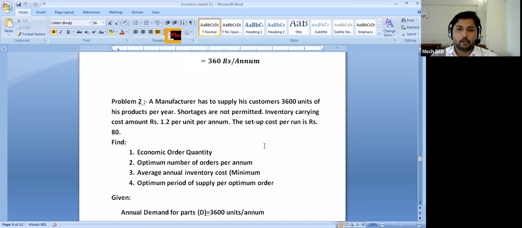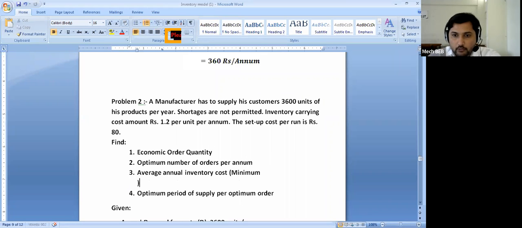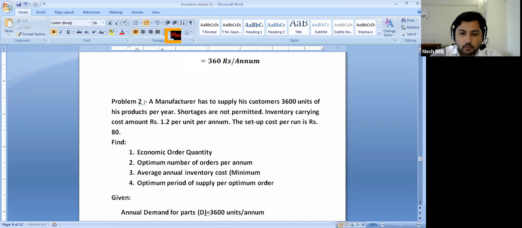First, find out the economic order quantity. Second, the optimum number of orders per annum. Third, the average annual inventory cost (minimum).